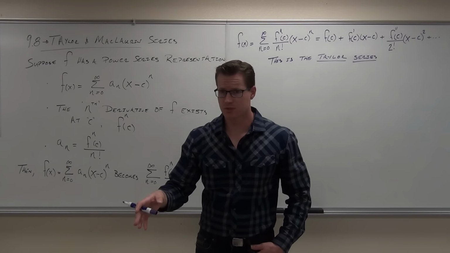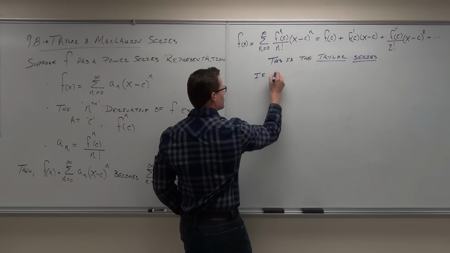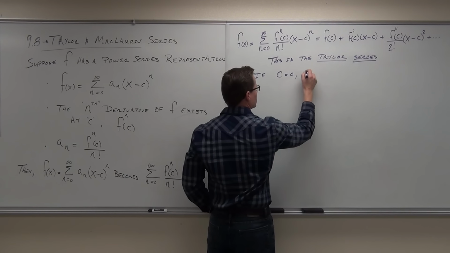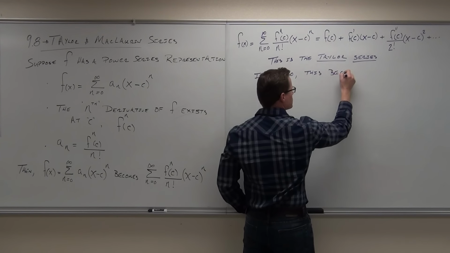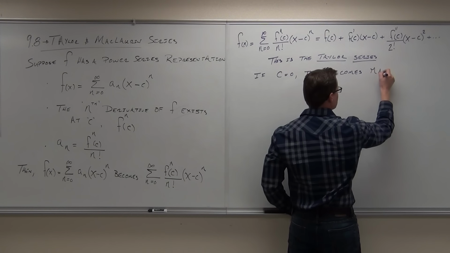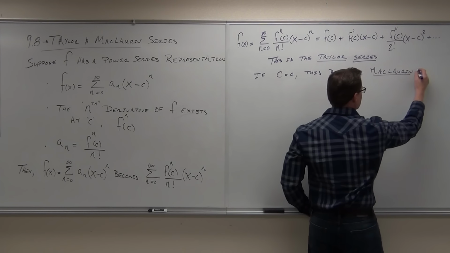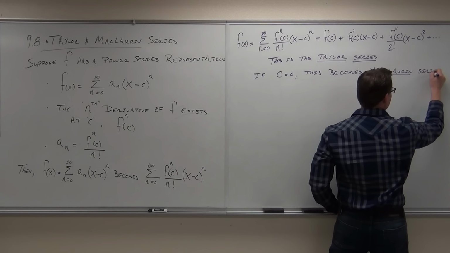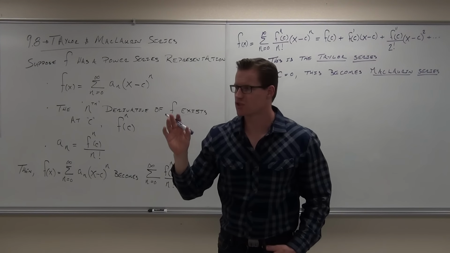So if c equals 0, you have yourself a Maclaurin series. Are they different? No. You do exactly the same thing, it's just c is 0.